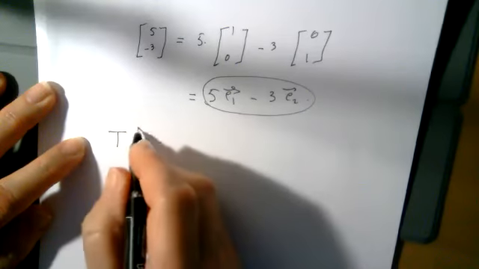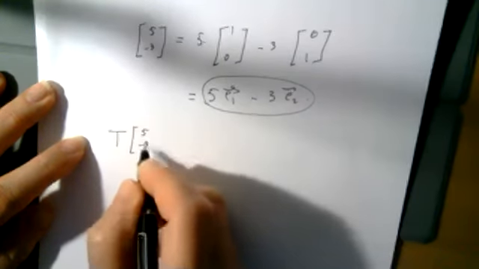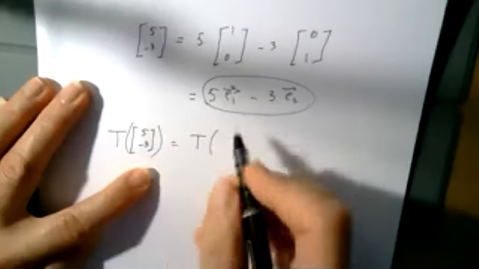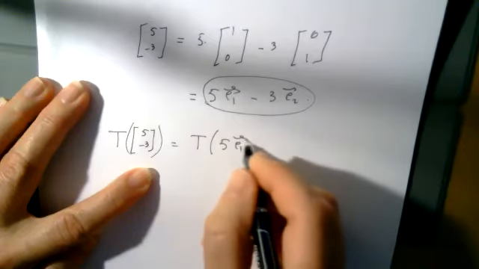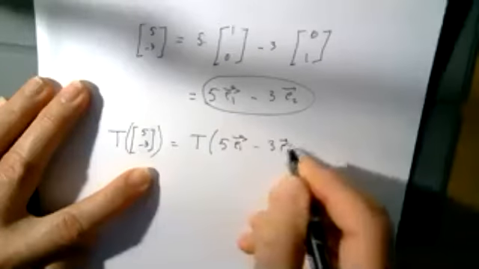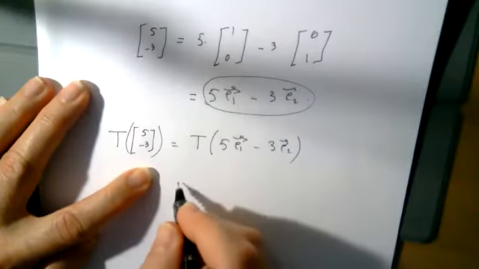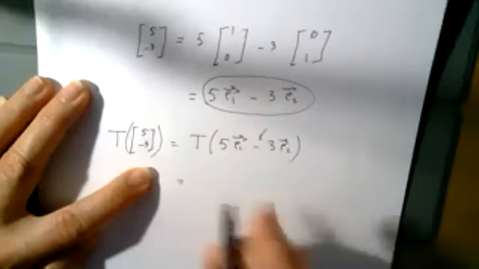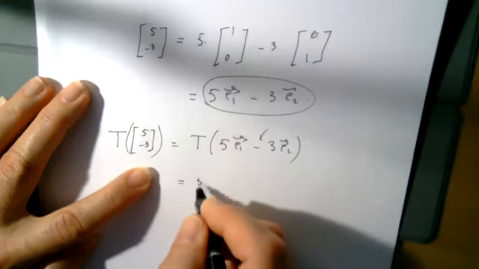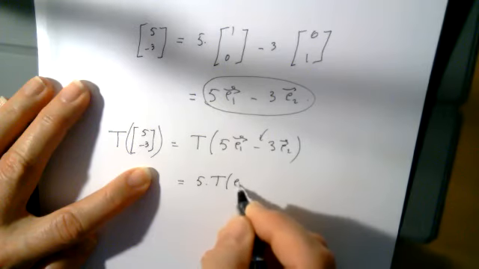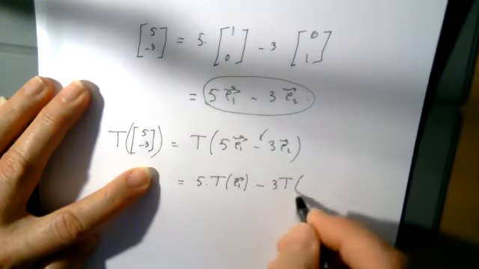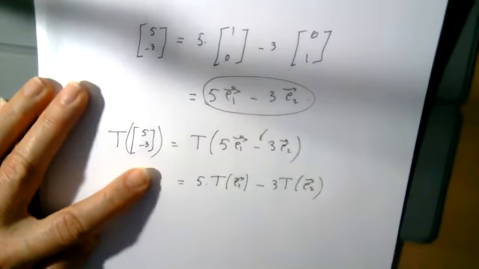So now let us do T of 5, minus 3. I'm going to use linearity now. So it's going to be equal to T of 5E1 minus 3E2. Linearity tells me it preserves vector addition. It means I can break here, and then I can take away the scalars. So that's 5 times T of E1 minus 3 times T of E2.